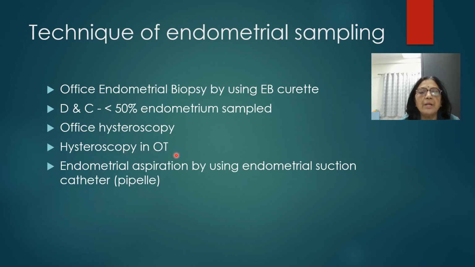But if it is not available, endometrial aspiration by using an endometrial suction catheter is also advocated in all the guidelines. One such is by using Pipelle, where there is suctioning which helps for endometrial tissue aspiration. It is not cytological examination. Whatever tissue we get, it is sent for histopathological examination.